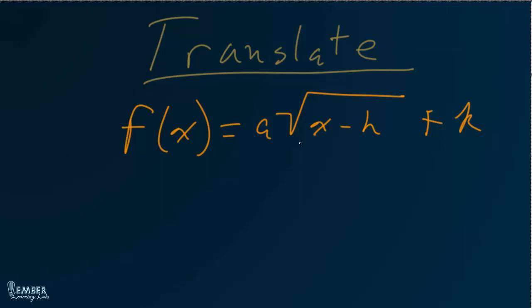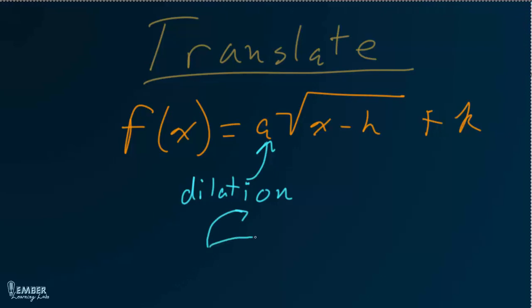Okay, so the a part is the dilation. We've talked about dilation, and in this context, what that just means is it gets bigger, so it gets wider if we have a bigger number, or if we're doing a fraction, it gets narrower.